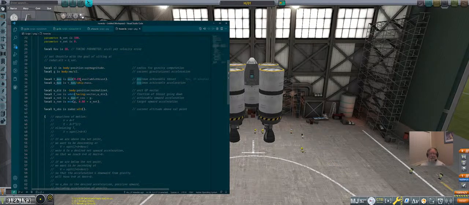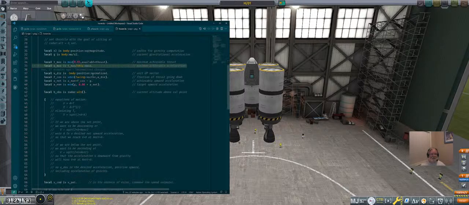I'm going to pretend even if we are staging, we still have a very tiny amount of thrust available, so we won't be dividing by zero. We get our maximum acceleration, which is thrust divided by mass, but that's in whatever direction the vessel is pointed, so we could be up this way, and we could be straight up, and we could be over this side. So now we want to get our up direction.